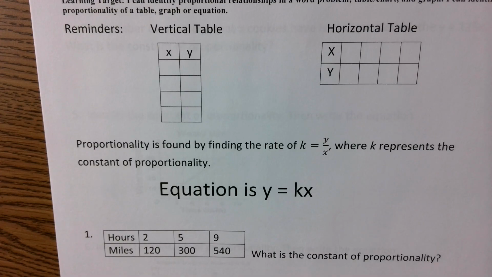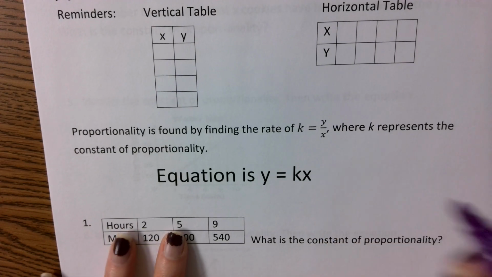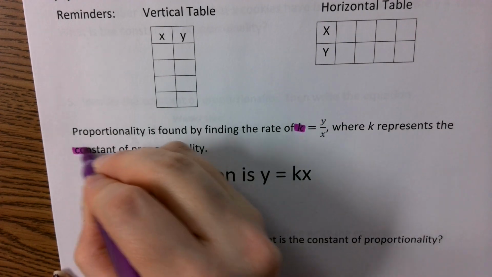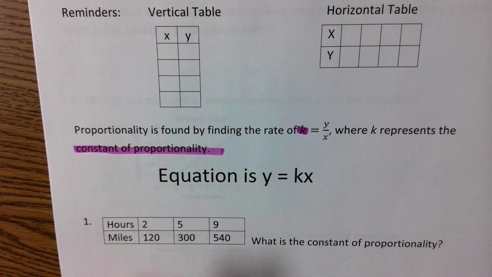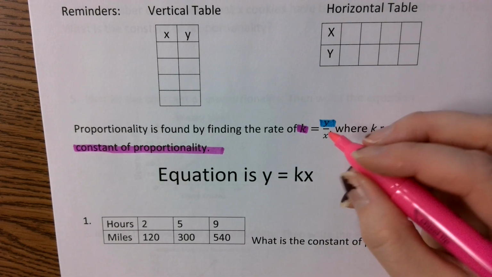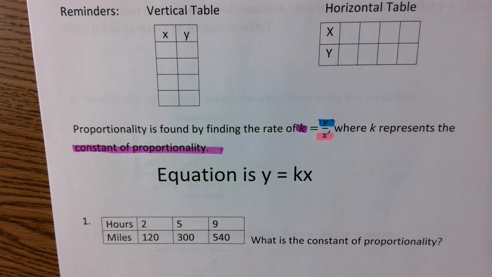Yes, we started notes. Okay, so here in our equation, we are looking for our k value, which is our constant of proportionality. We call that k. And that's when we take our y value, like we said before, unit rates or constant of proportionality is always y divided by x.